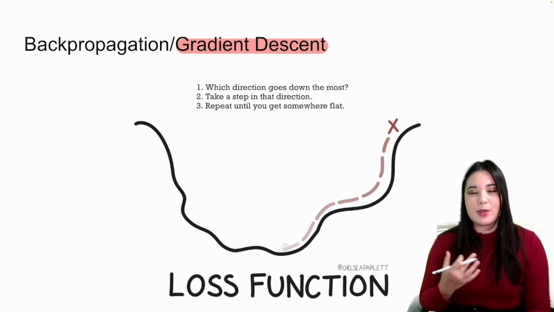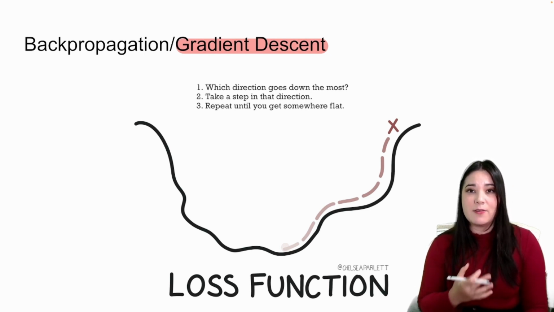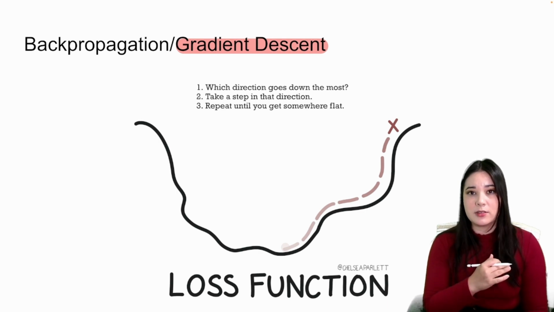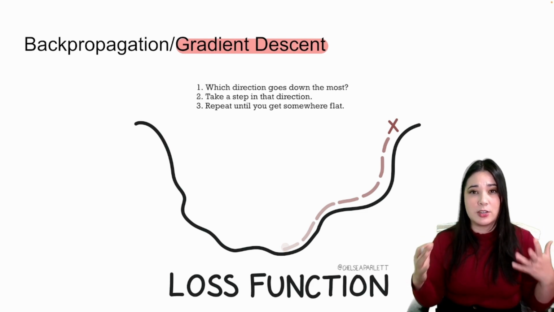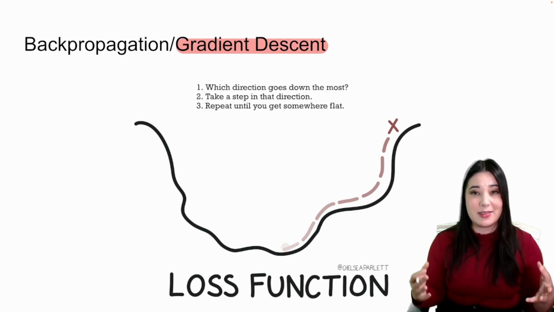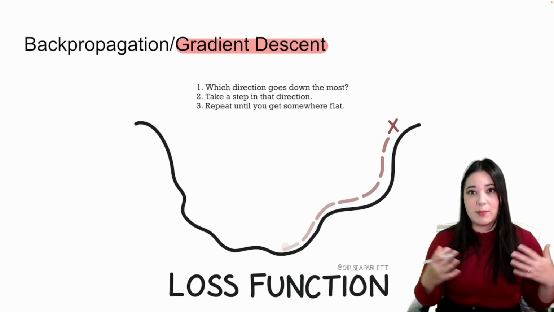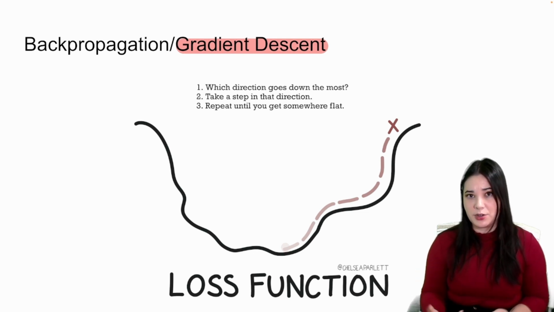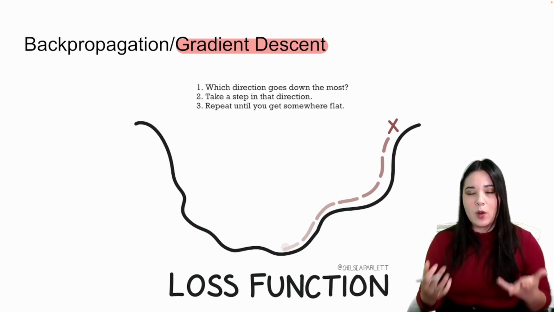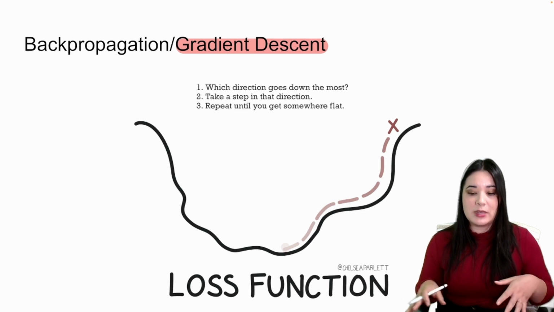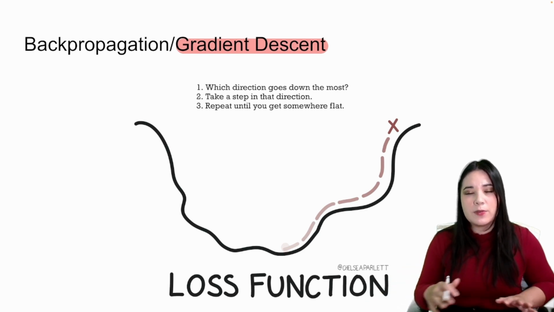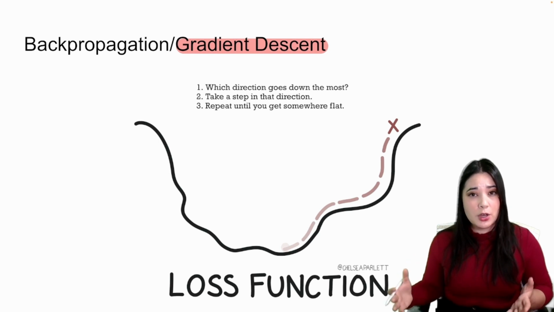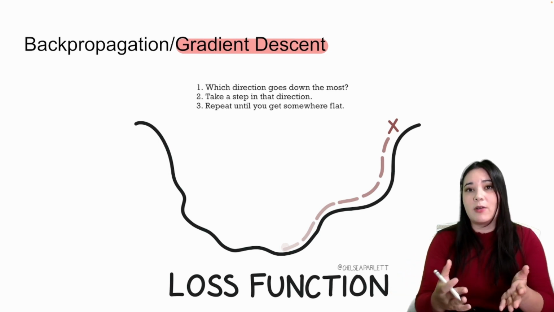Gradient descent can be thought of through an analogy of a hiker hiking in the hills. Imagine you're hiking in the hills and it's pitch black dark. You literally cannot see anything around you. If you needed to get to the bottom of the hills in order to get to your car or a cabin, one way that you could do that is you could get on the ground and you could feel directly around you, and you could figure out which direction you could go in order to go downhill.